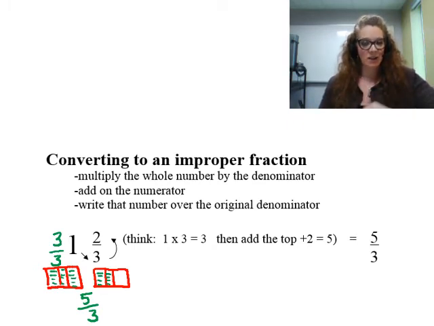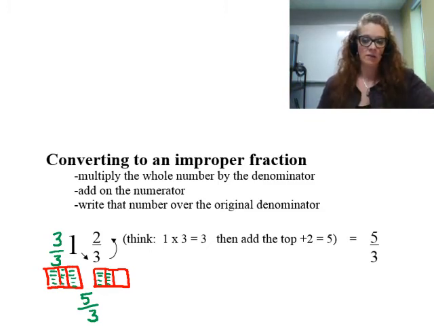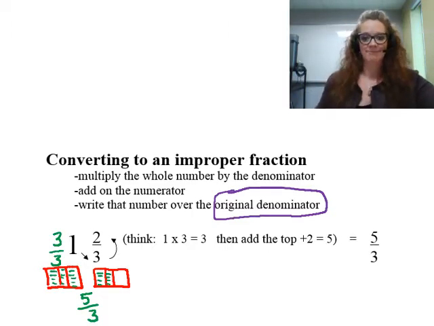Essentially, that's giving you that 3/3 thing that we were just talking about. So you're thinking 1 times 3 is 3, so you've multiplied, swoop down and multiply the bottom, and then you're going to add the top, add those extras, and that gives you a total of 5, and then you keep the original denominator. So multiply the whole number by the denominator, add the top, presto, it's converted to an improper fraction. So 2 ways that you can do that.